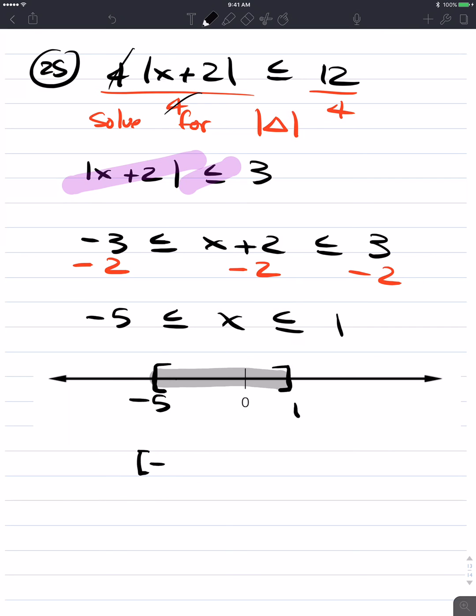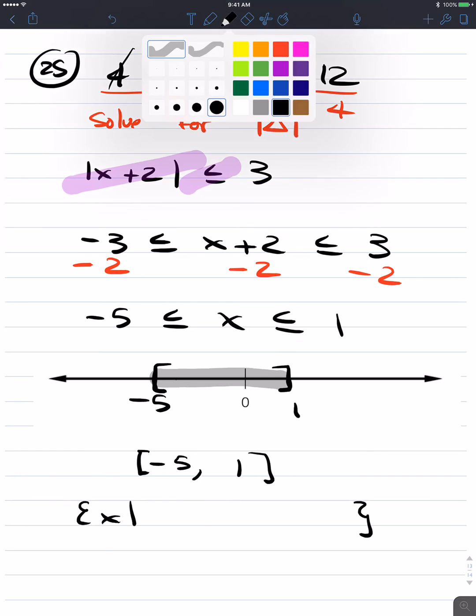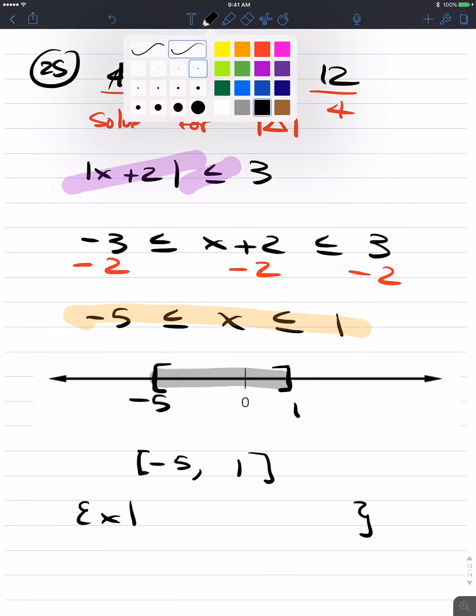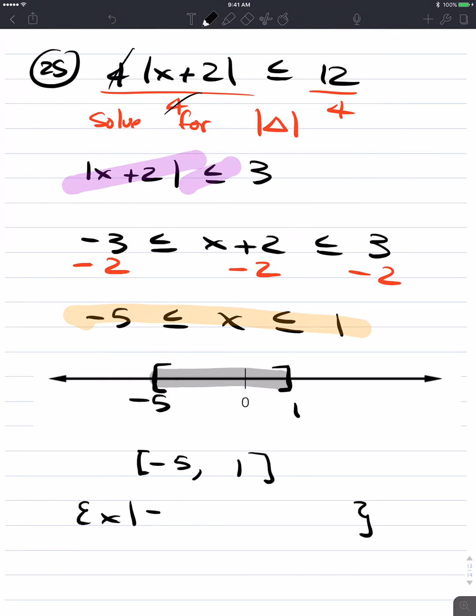Interval notation says start at negative 5, end at 1, include the endpoints negative 5 and 1, which is why we use the brackets. Set of all x such that if they ask for set notation, we need a description. In orange, we have our description.